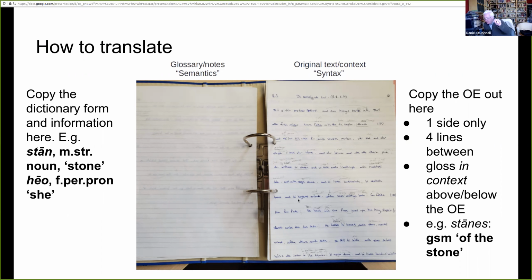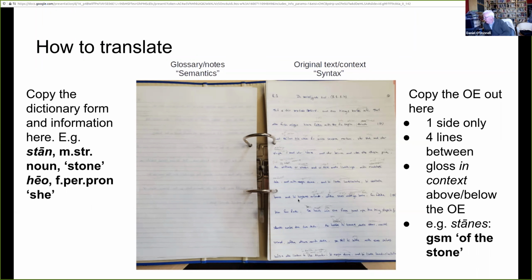You write underneath each word what it is, nominative, singular, masculine, genitive, singular, feminine, third person, singular, past, and what that means in context. So if a word is third person, singular, past, of the verb to want, you don't write third singular past to want, you write third singular past wanted.